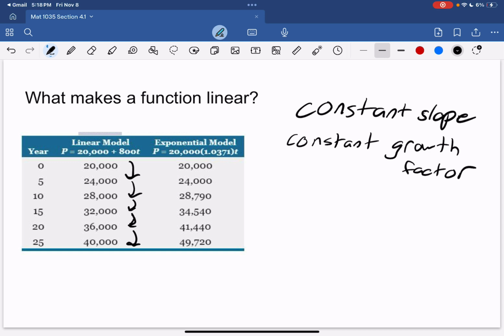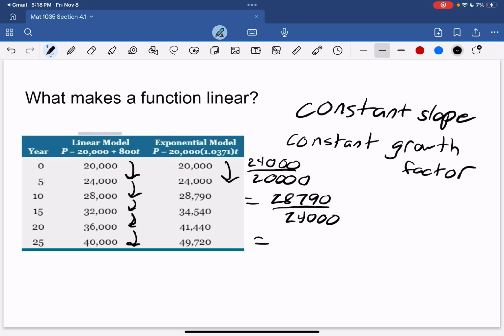So what that means is each new step, so say here for the first example, 24,000, divided by the previous step of 20,000 will be equal to the next step of 28,790 divided by 24,000.